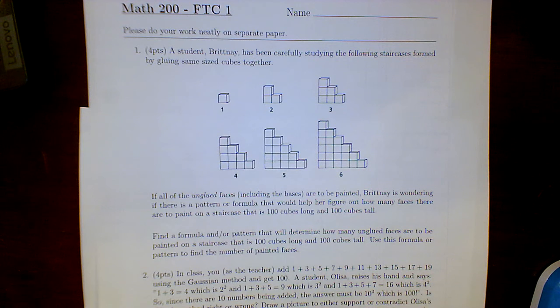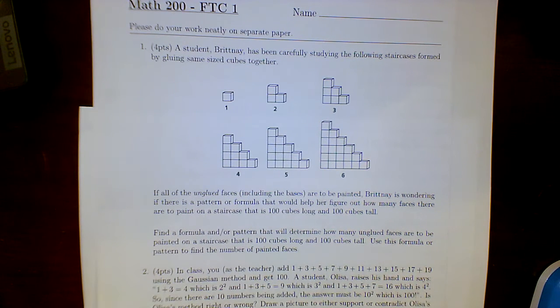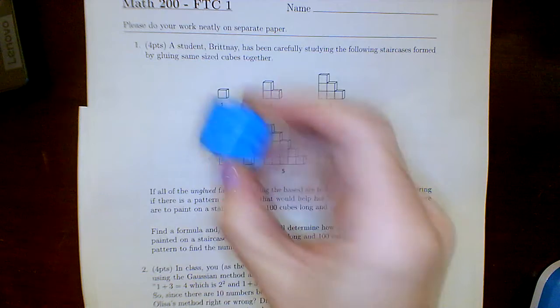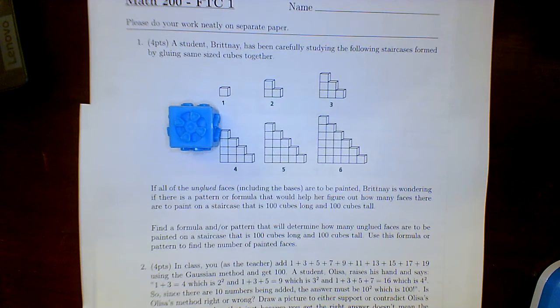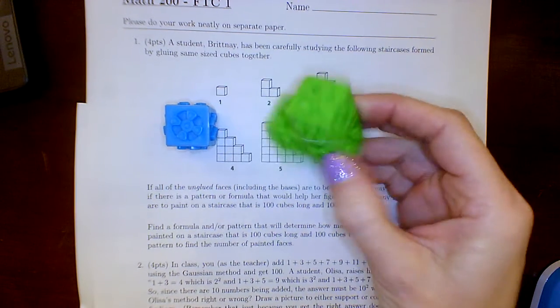It says if all the unglued faces, including the bases, are to be painted, is there a pattern or a formula that will help you figure out how many faces there are to paint on a staircase that is 100 cubes long and 100 cubes tall? So just so you can get a visual, this would be 1 cube. You would paint all 6 sides. The 2 would look like this.